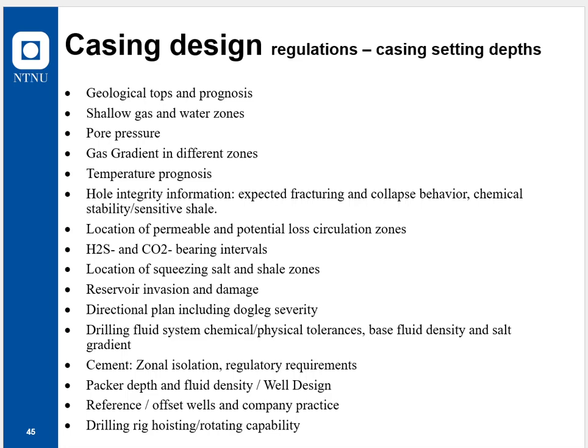And then here are some questions that we typically ask ourselves, because basically they are the fundamentals of casing design and they are often mentioned in the regulations, so you don't forget any of them.